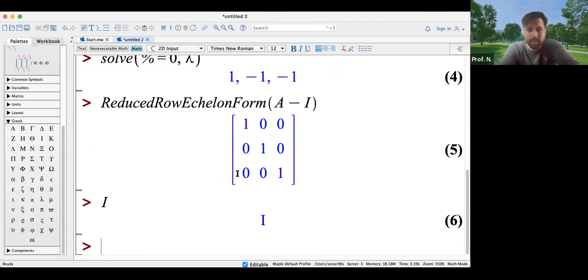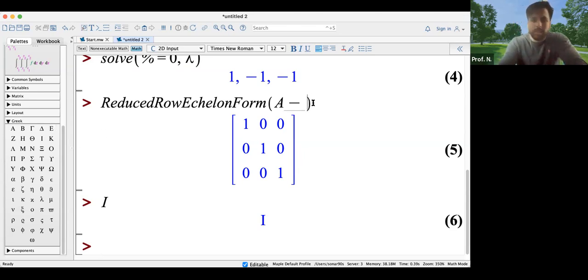Yeah, that's not, okay. It should be identity matrix.